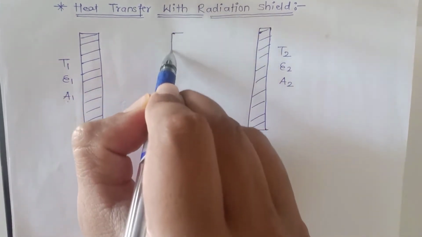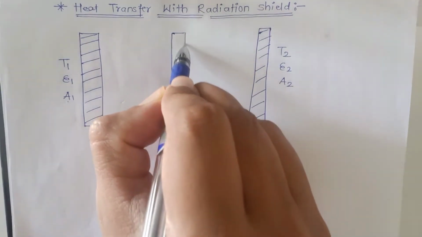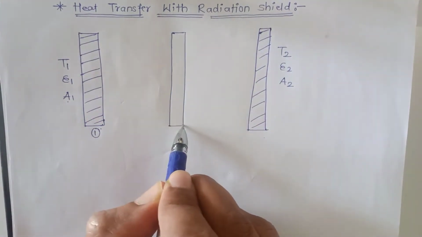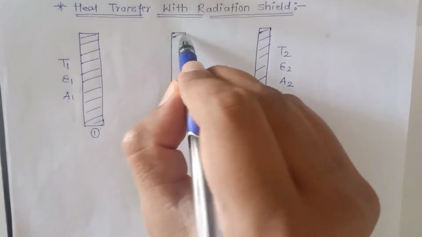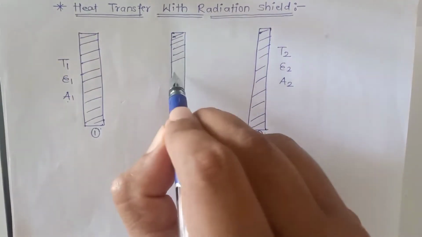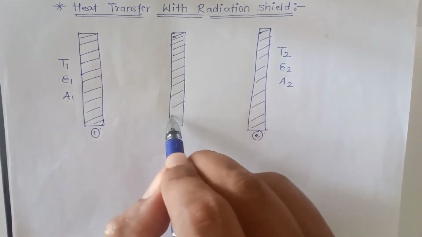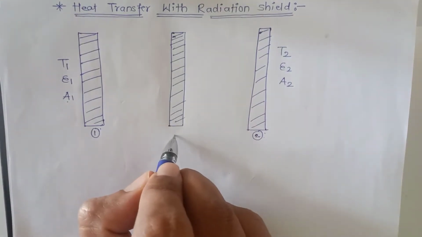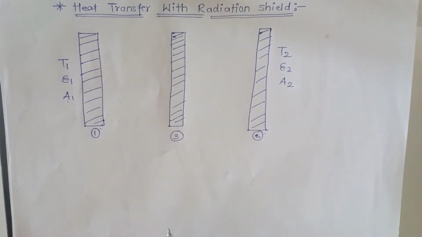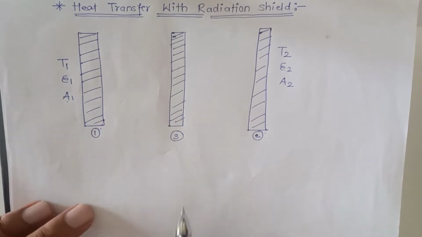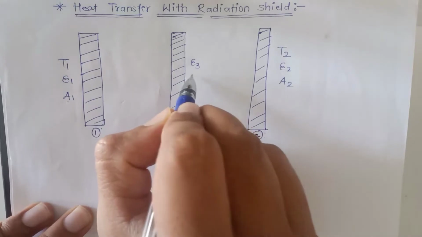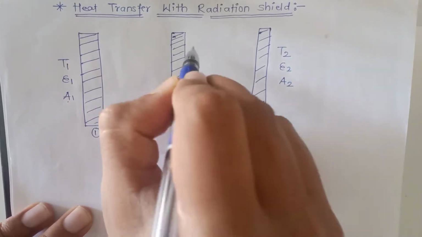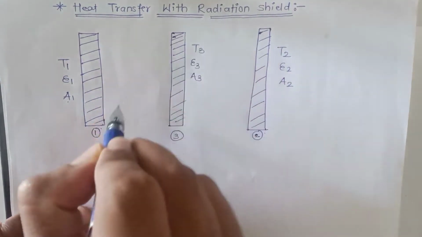In between these two surfaces, one radiation shield has been inserted. Let me mark this as surface number 2, and then this is the radiation shield. It is designated by the symbol surface number 3, and it will have some emissivity, some surface area, and some temperature.